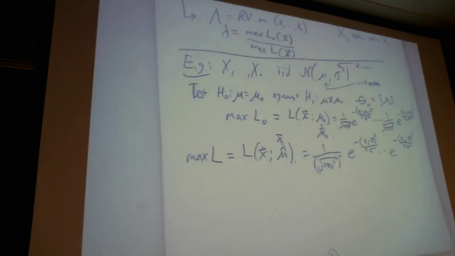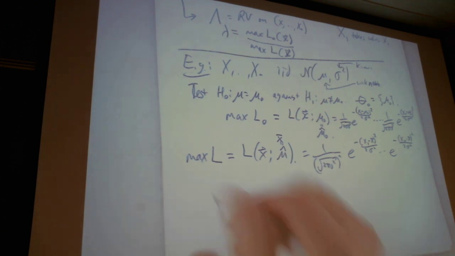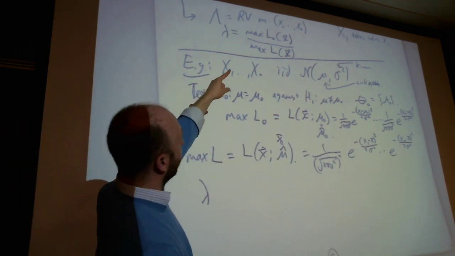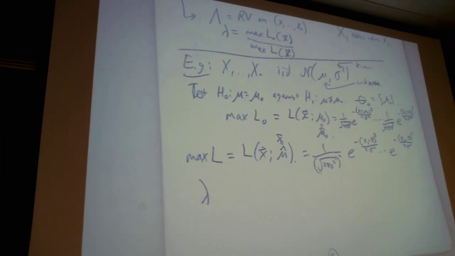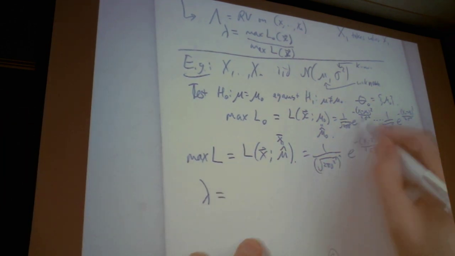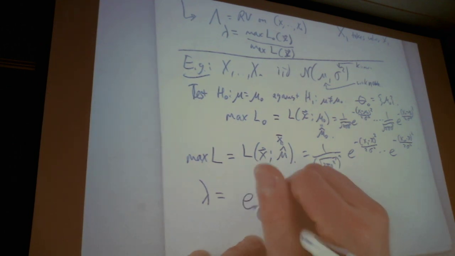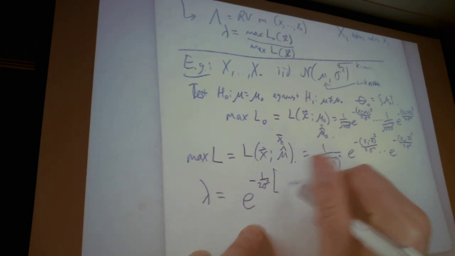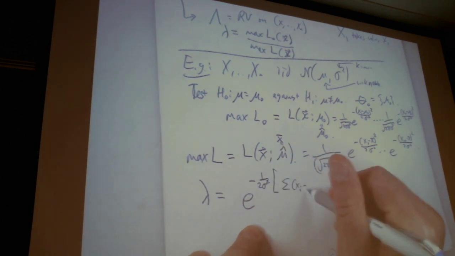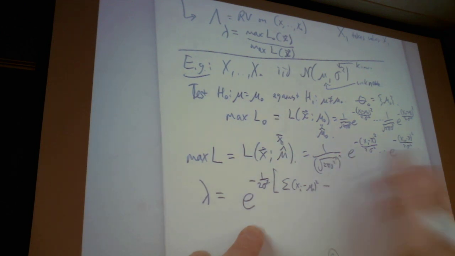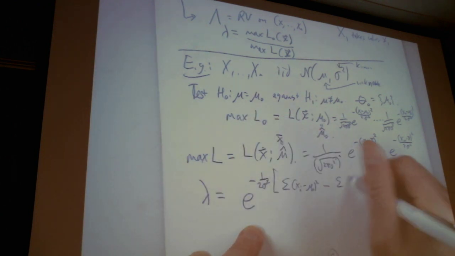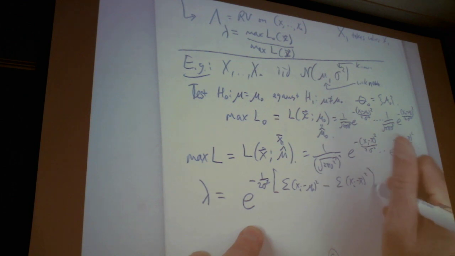Can you see that? So the value of this random variable, the ratio of the two, is equal to, the constants cancel out, e to the minus, there's a 1 over 2 sigma squared everywhere, and then I'm left with a sum of xi minus mu0 squared, minus, because these are in the denominator, max L0 divided by max L, sum of xi minus x bar squared.